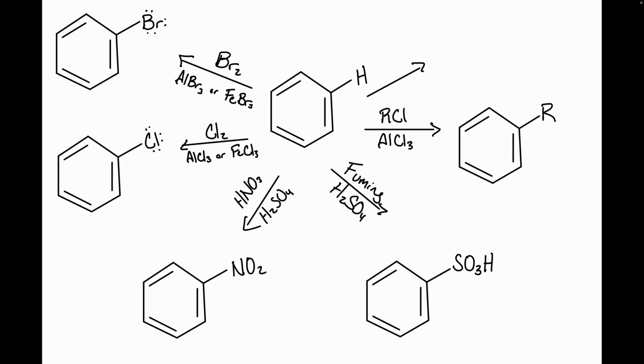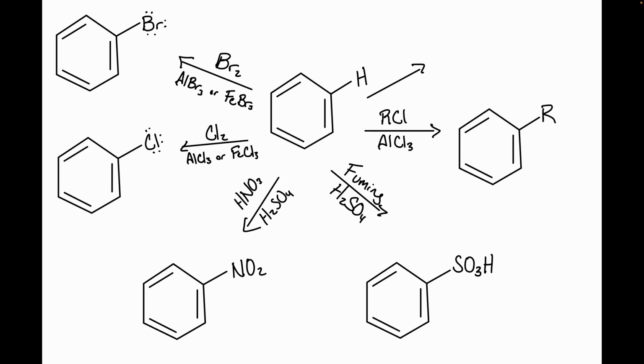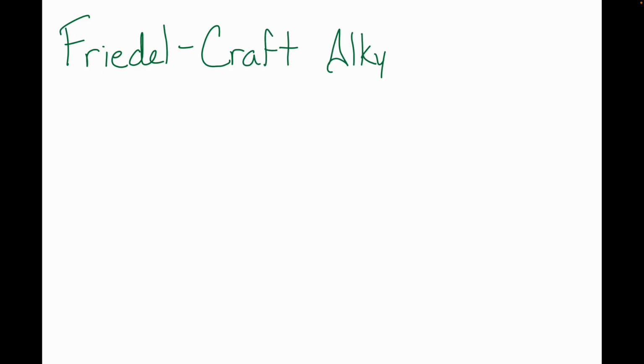All right, so because these are fancy reactions that create new carbon-carbon bonds, they have a bit of a fancy name. They're named after the chemists that established them. These are Friedel-Crafts reactions, and this one is specifically a Friedel-Crafts alkylation reaction.